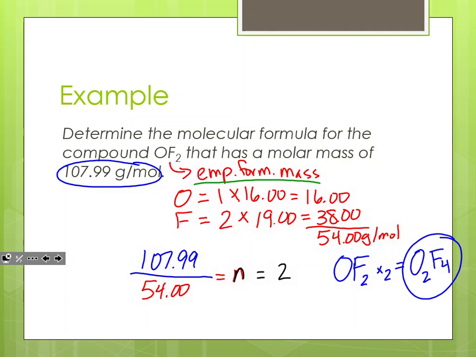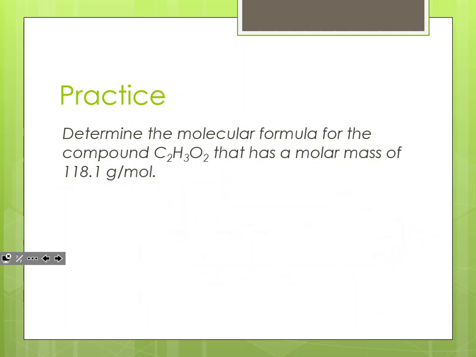So go ahead and try the next one real quick and see if you can work it out. Okay, determining the molecular formula for the compound C2H3O2. So here we go. Finding the empirical formula's mass. We have carbon, 2 times 12.01. That will give us 24.02.